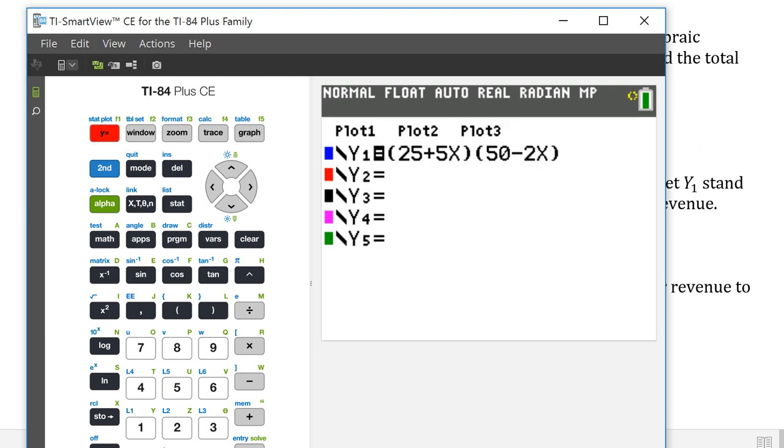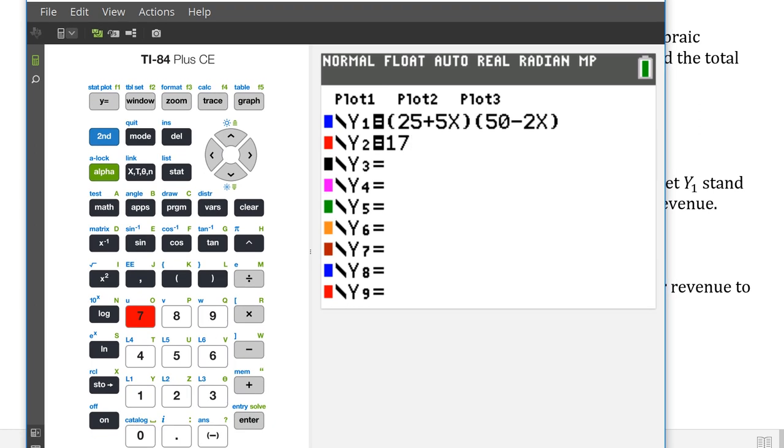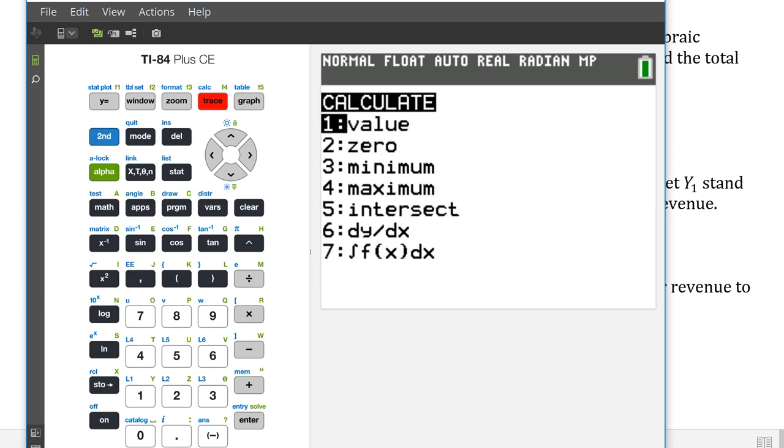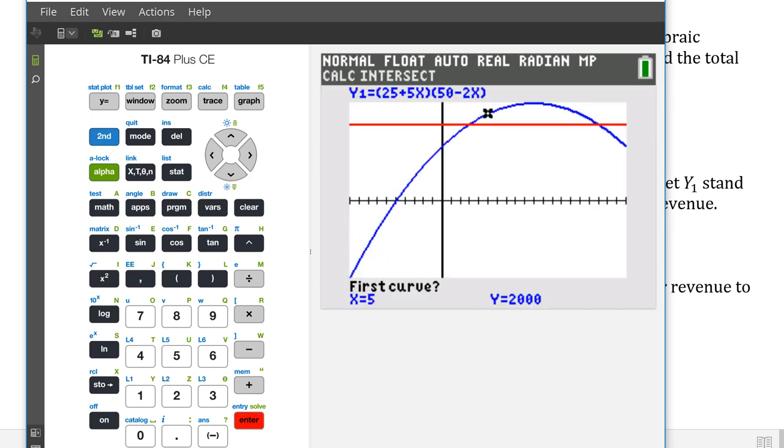Okay, but in Y2, we're going to put this revenue that's wanted, so the 1760. Okay, and there are 2 times where that could happen. So if we find the intersection of those graphs, okay, we first see that that happens at x equals 3, or 3 price increases.